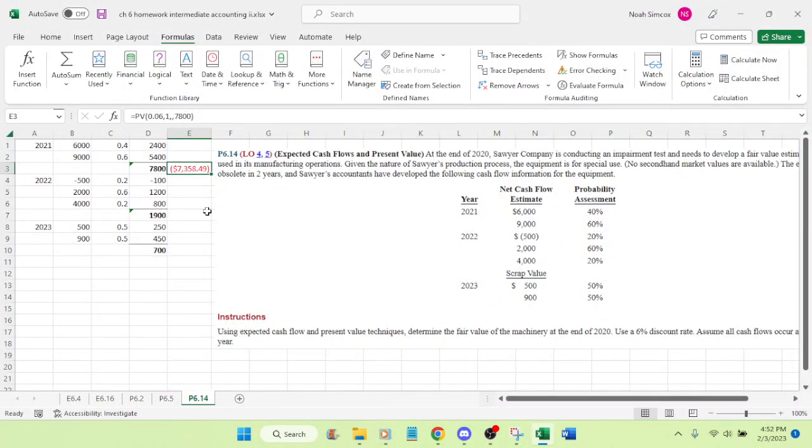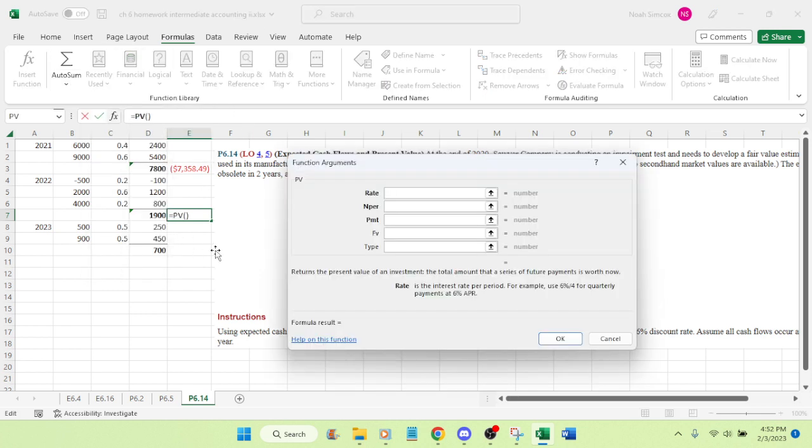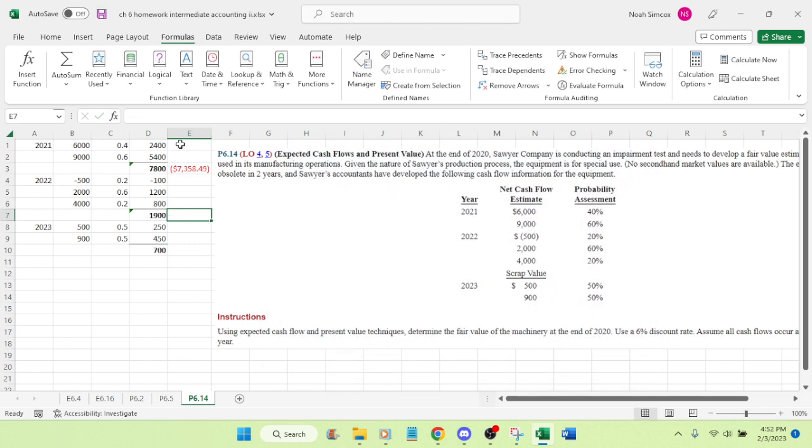So now this is present value. And also we could label this as the present value thingy.